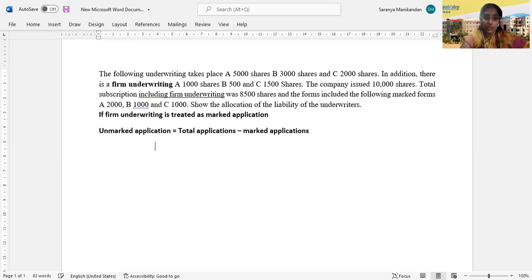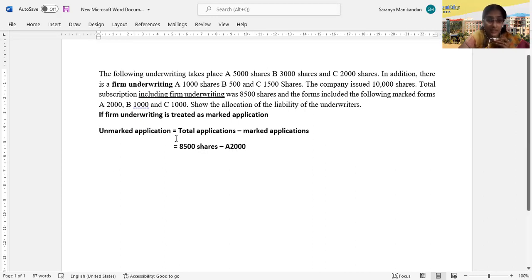Total applications received: the company issued 10,000 shares, but how much have they received? That is 8,500 shares. Minus marked application. Marked application for A is how much? 2,000 is given.